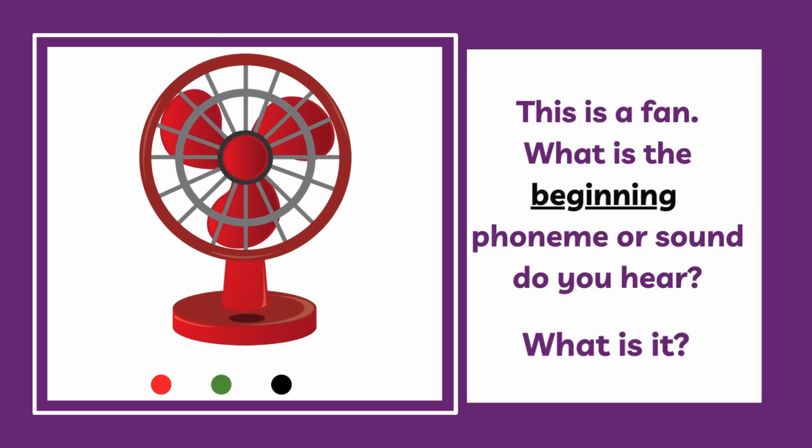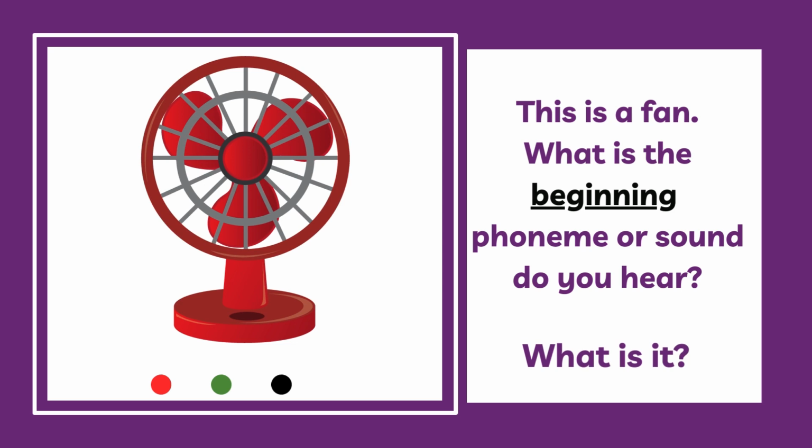Let's do another one. This is a fan. This is what? A fan. So what is the beginning sound or the first sound do you hear in fan? So let's go. You ready? Let's touch your shoulder. So say f.